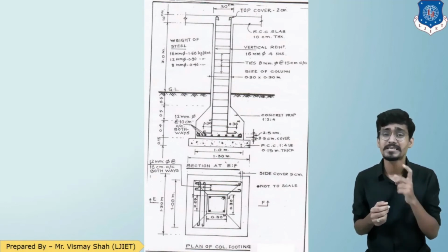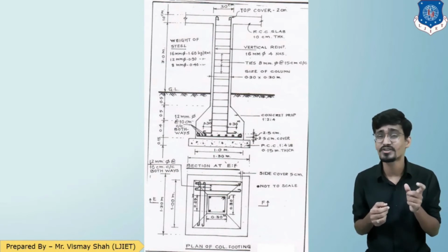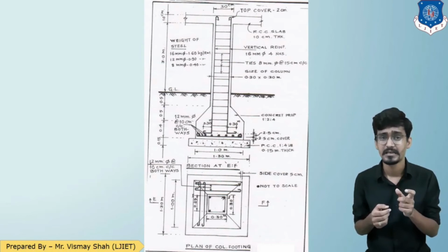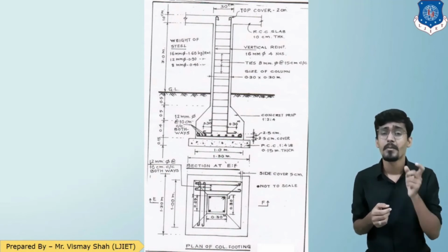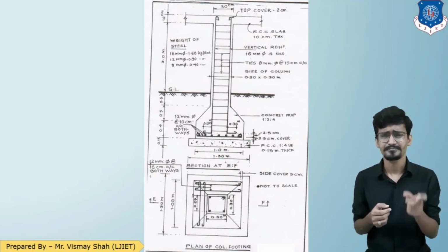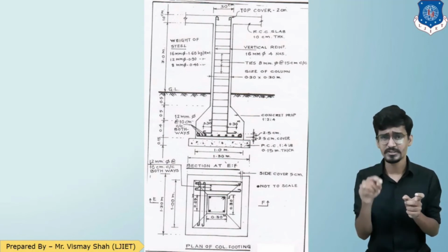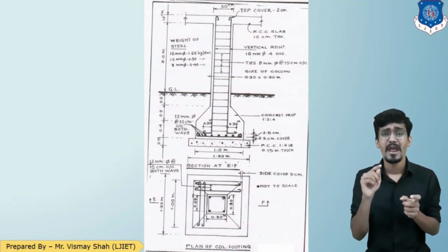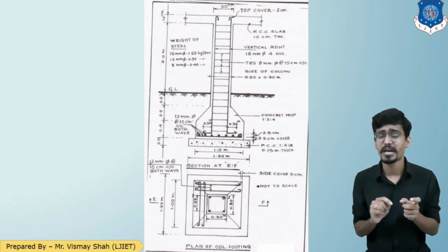Now, as you can see again in the section, there is a 2.5 centimeter gap for the horizontal reinforcement. So deducting that 2.5 centimeter again. The top cover is 2 centimeter. So deducting that 2 centimeter. Here plus 0.3 should be added as the reinforcement bar is bent in L shape.